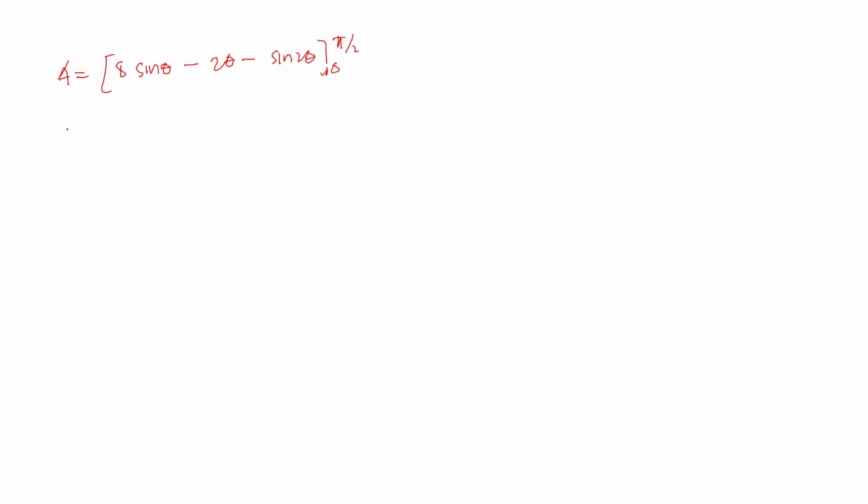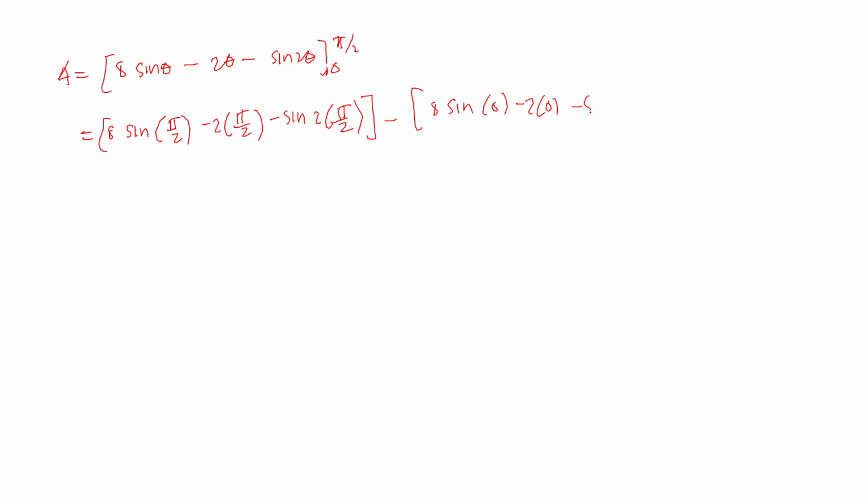Let's substitute. So 8 times sine of pi over 2, minus 2 times pi over 2, minus sine 2 times pi over 2. Then minus 8 sine 0 minus 2 times 0 minus sine 2 times 0.